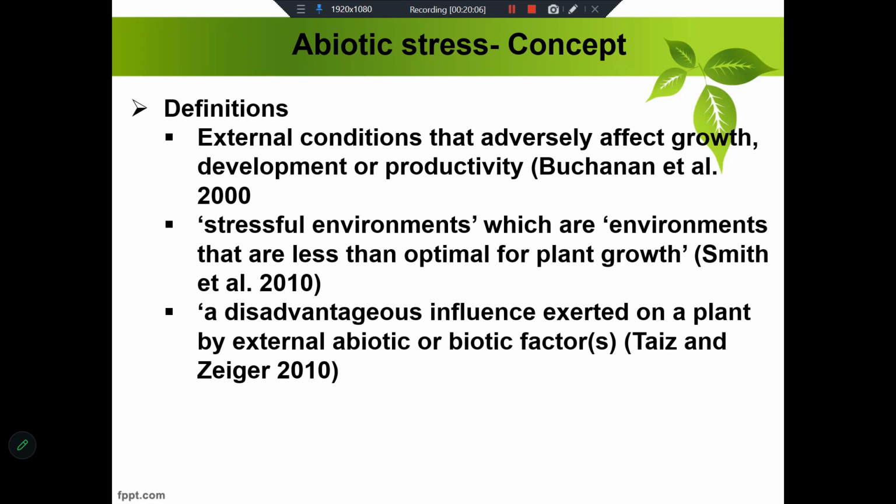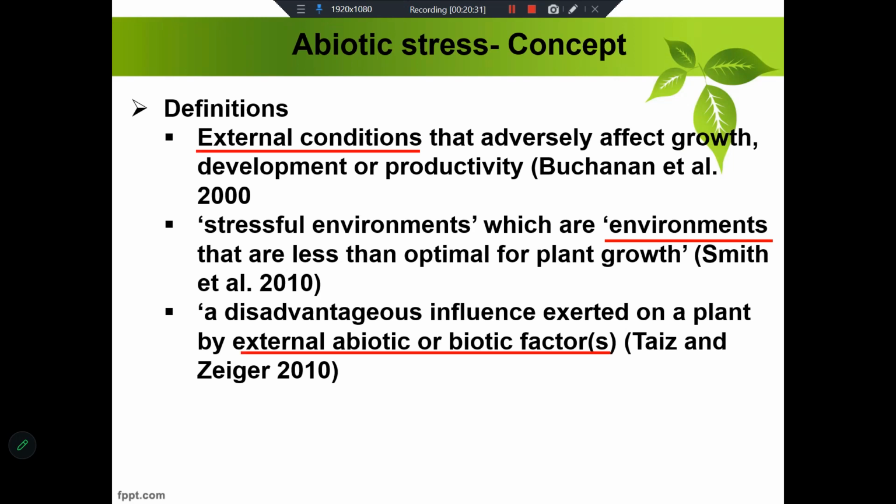Okay. So, an external condition that adversely affects the growth, development, or productivity of the plant. So it emphasizes an external condition. The change going on in the external condition adversely affects the development or productivity of the plant. That is the first definition.